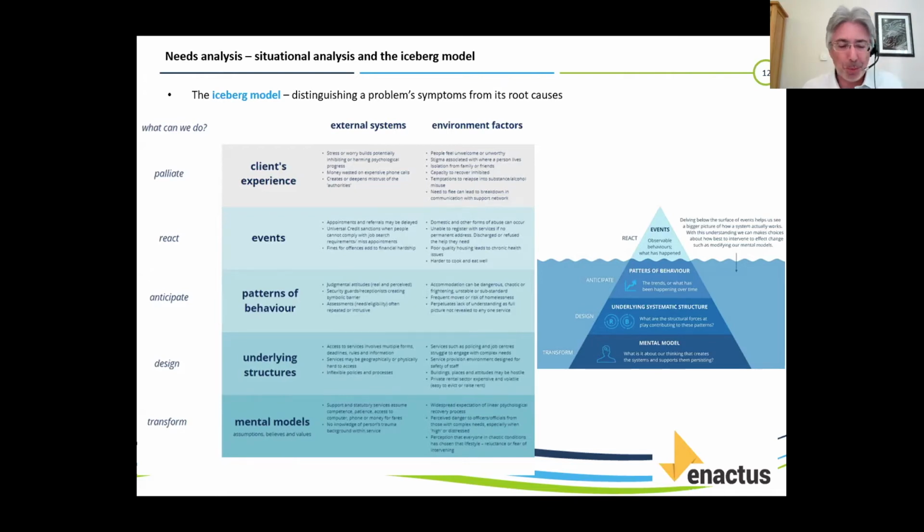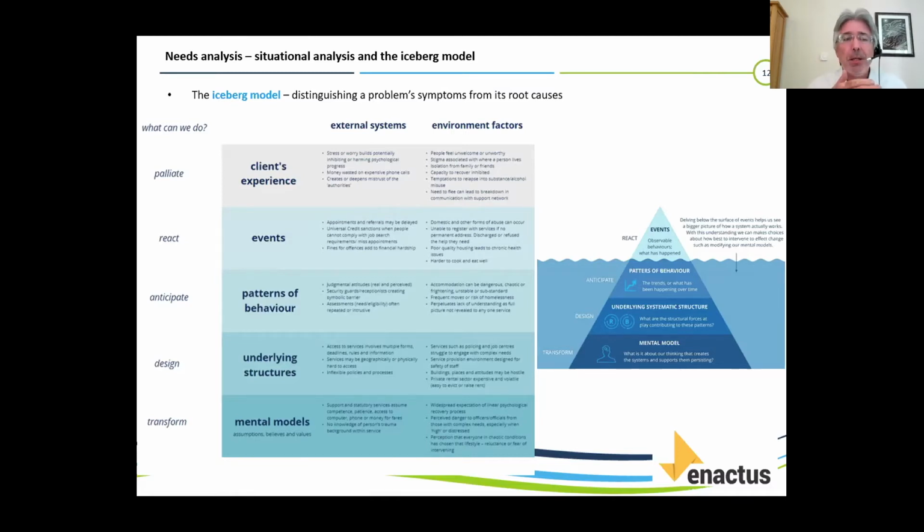I'm sure some of you will be able to tell me the exact percentage. But in a similar way, when looking at the iceberg model for situational analysis, a lot of the problem, a lot of the analysis sits below the waterline. So just coming down the levels, at the top level, we might understand the experience of the individual or their family, and we might palliate, make it better.